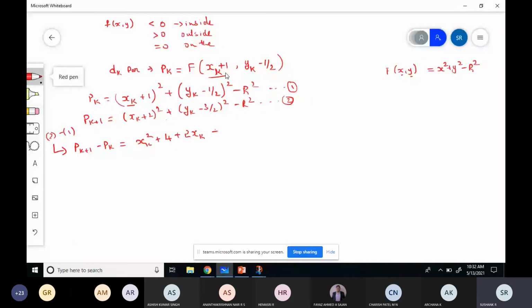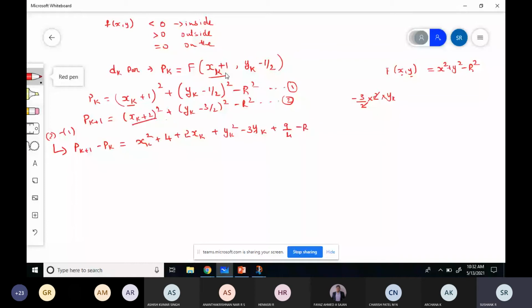Plus yk square, minus 3 because 2ab is minus 3 by 2 into 2 into yk. So minus 3 times yk plus 3 square by 4, that is 9 by 4. So the expansion of this is given by 3 terms, and the expansion of the other is given by the next 3 terms, minus r square.